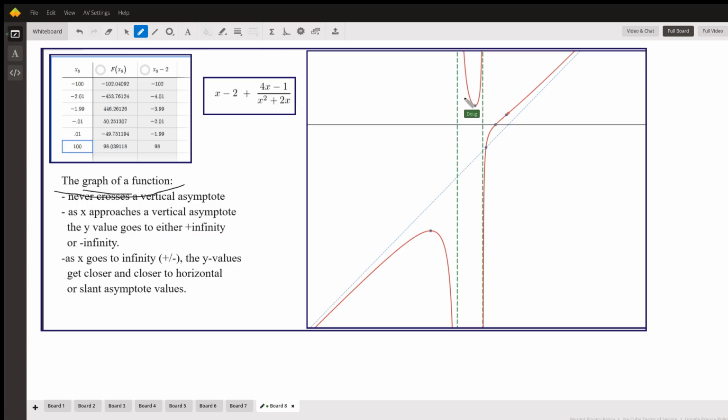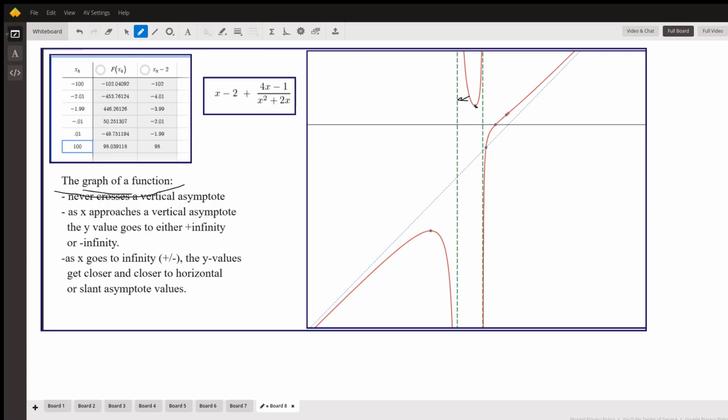So as we come in with x values getting closer and closer to -2 from the right, you could test values, but we know that this is a relative minimum. So it's got to be going up to the left and up to the right. Okay, there you go. Hope that gave you some idea of all the steps you can go through to graph a rational function.